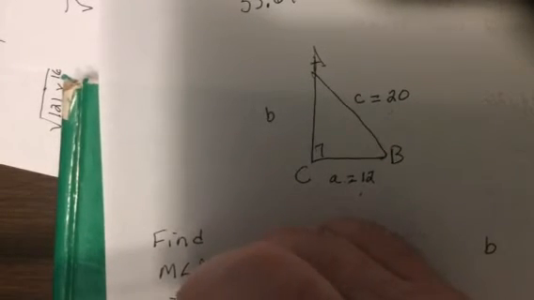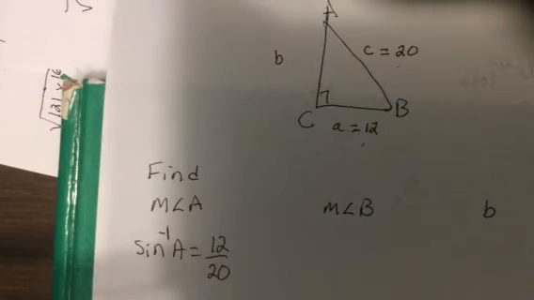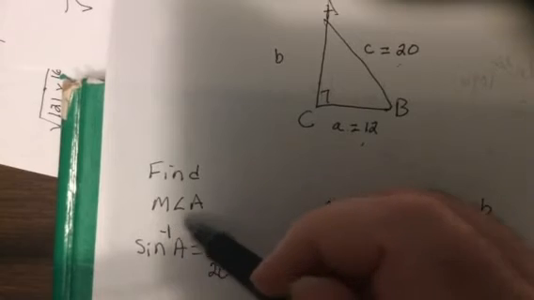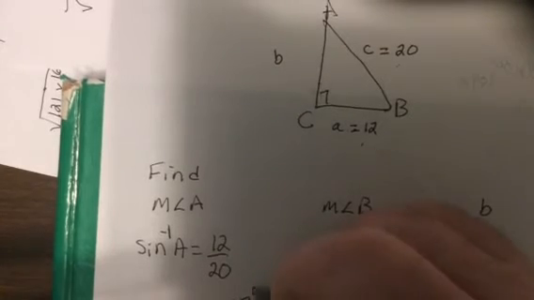So I'm looking for the angle, so I got a little -1 there. Oops. Sorry about that. So on the old calculator, you go 12 divided by 20 equals then second sine. On the decimals, you go sine of the negative 1, 12 divided by 20. So it'd be 36.87.